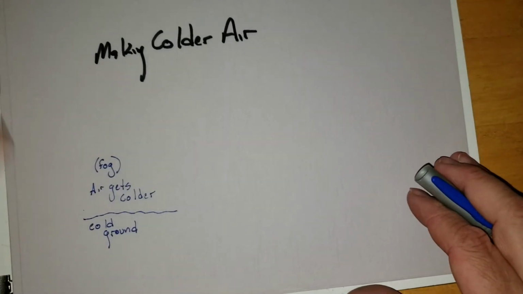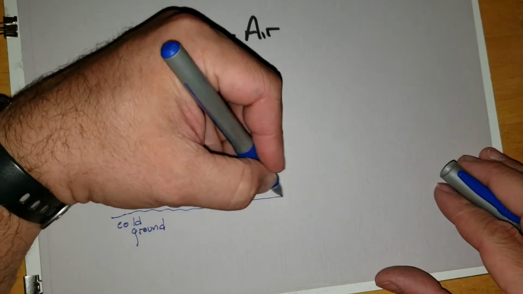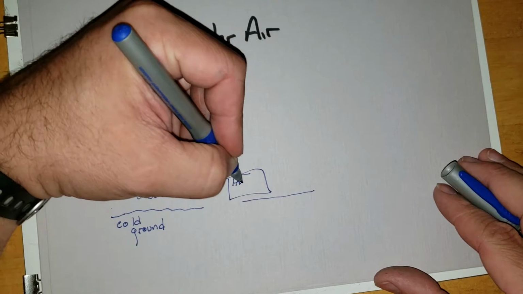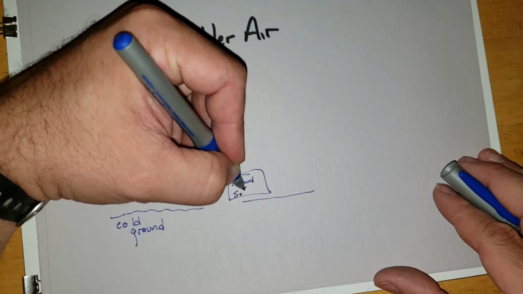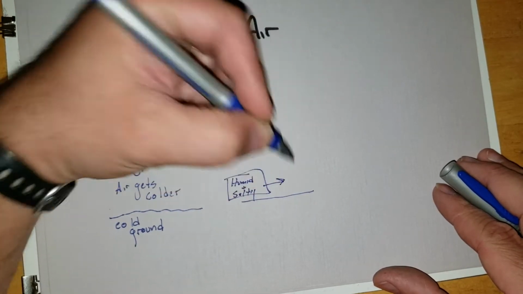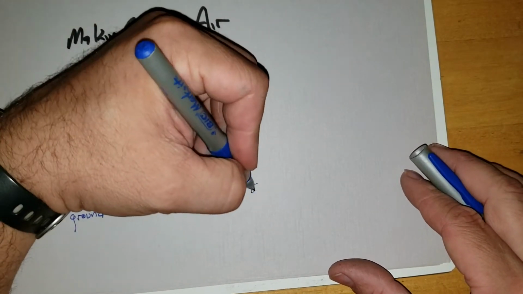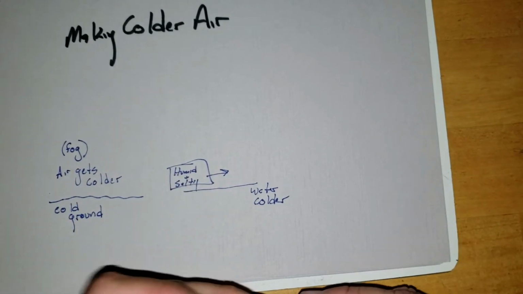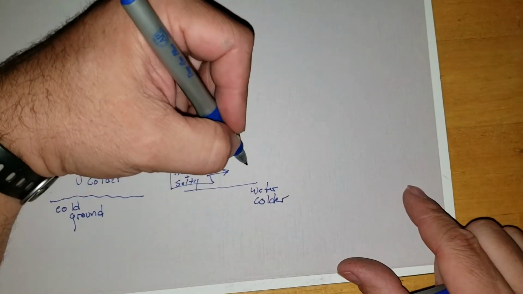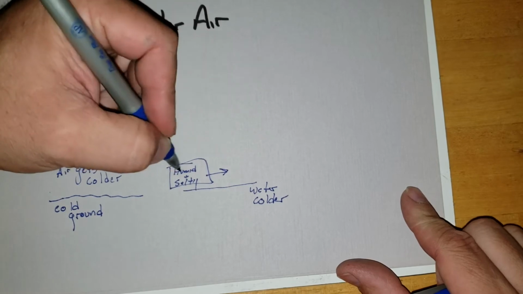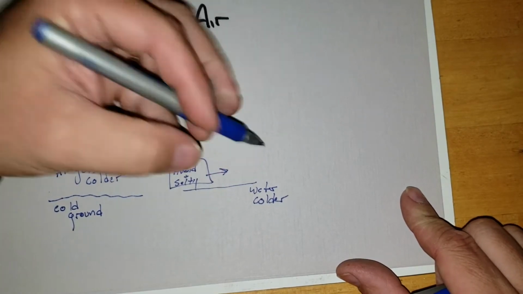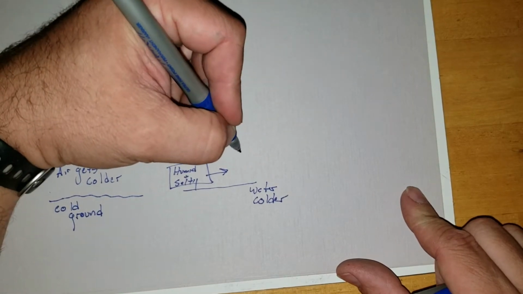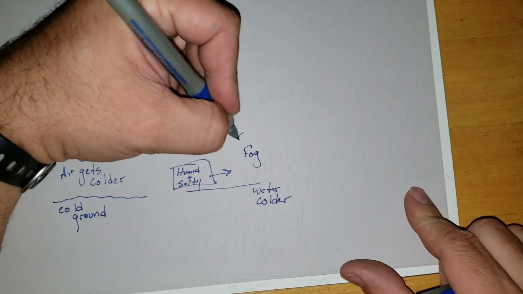Then we take that humid and salty air and move it from one spot to another area where the water is colder. That's what we see along our coast, and that causes our coastal fog. When we take this air and move it to a colder area, that makes it colder. So this is fog as well. That's our coastal fog.